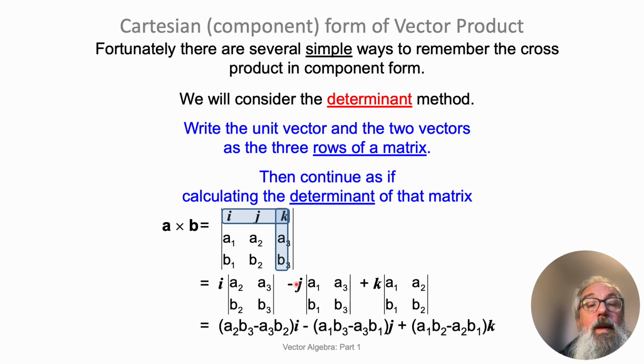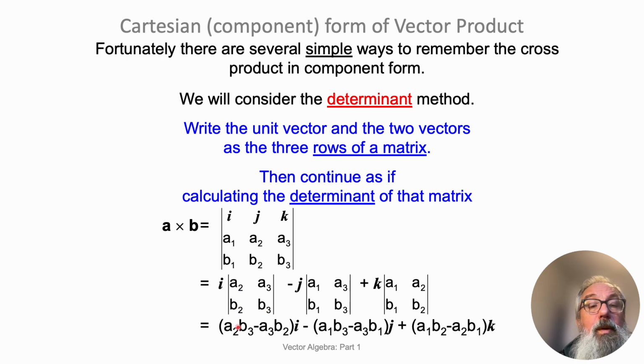Now we've got these three smaller determinants, and to calculate the determinant of a 2 by 2, we multiply the cross diagonals and subtract the other cross diagonals.